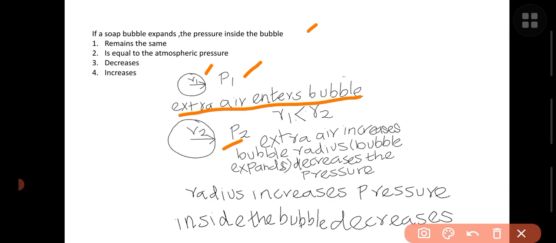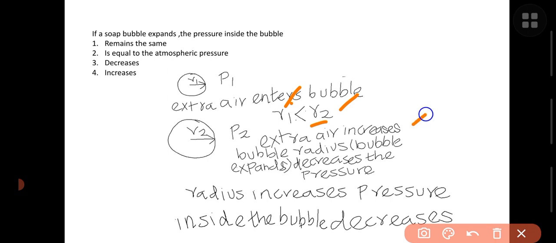Comparing these two pictures, r1 is definitely lesser than r2 because extra air enters, that makes the bubble expand.